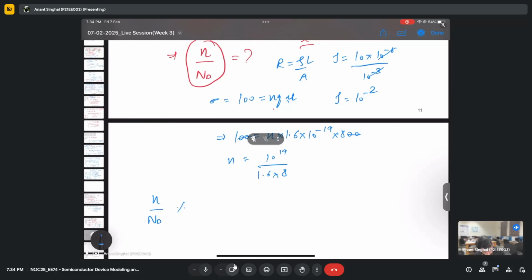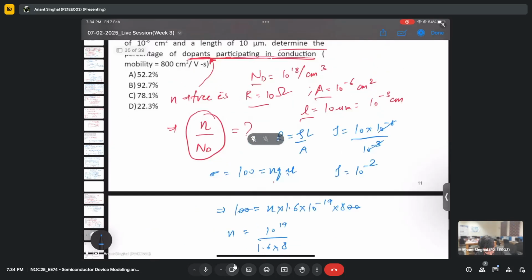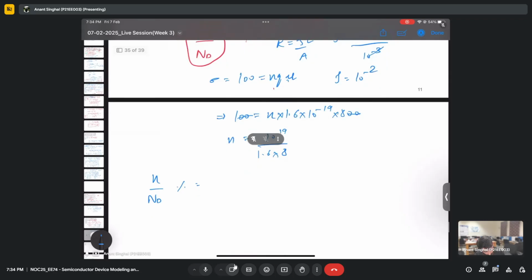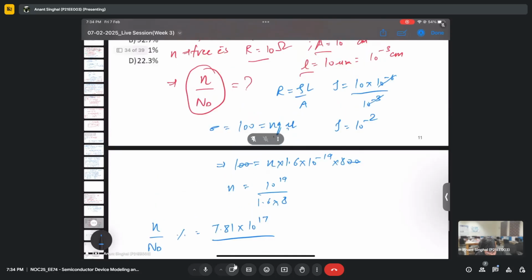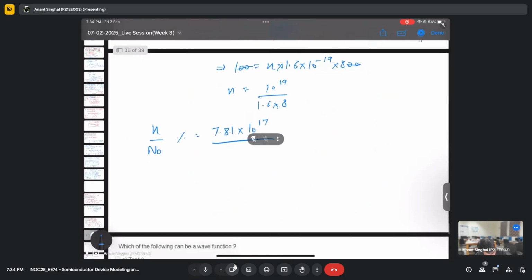So n is 7.81 times 10 to the power 17, and ND is 10 to the power 18. Converting to percent, it will be 78.1%.